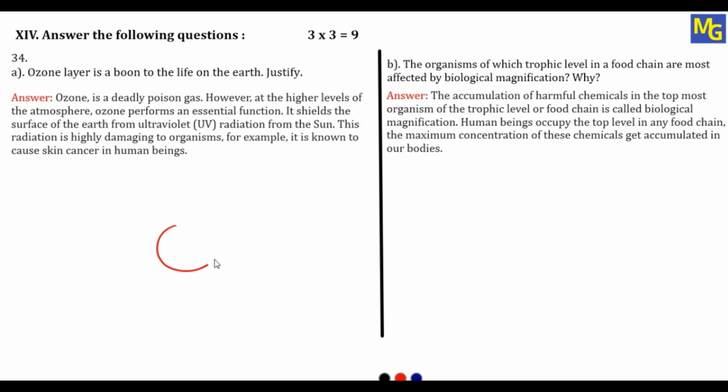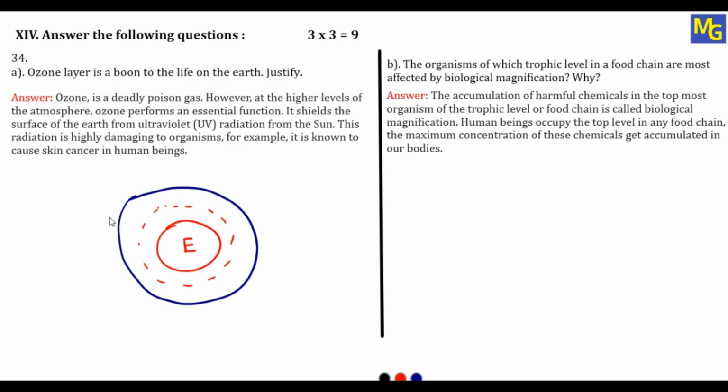So if you see, imagine this is the earth and all this is its atmosphere. In this atmosphere at the highest level, imagine this is the highest level, this is nothing but the ozone layer occupied by ozone. Ozone is nothing but O3 gas. And somewhere here imagine we have the sun.